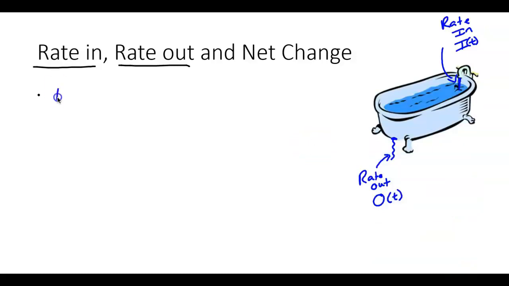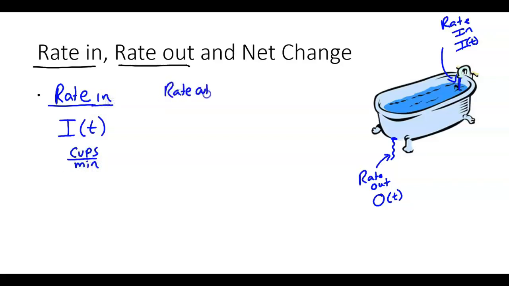So we have rate in, which I'm going to call I of t. Maybe it would have units like cups per minute. We have rate out, and let's say that's also being measured in cups per minute.